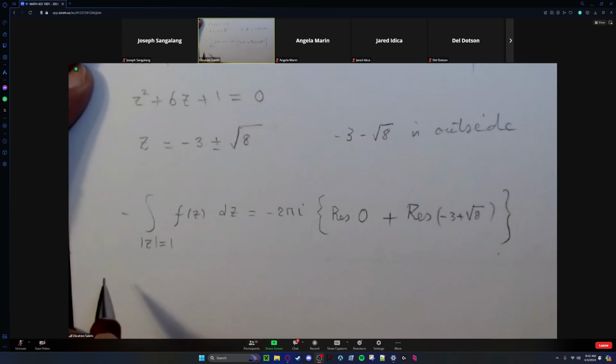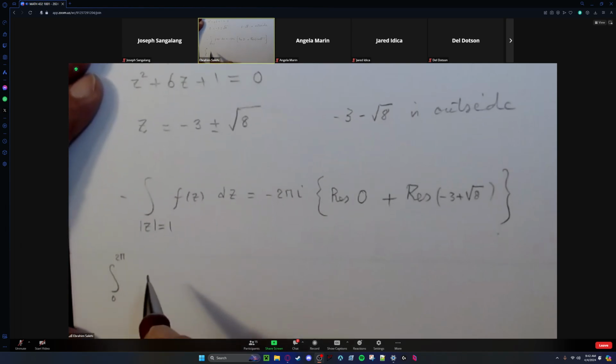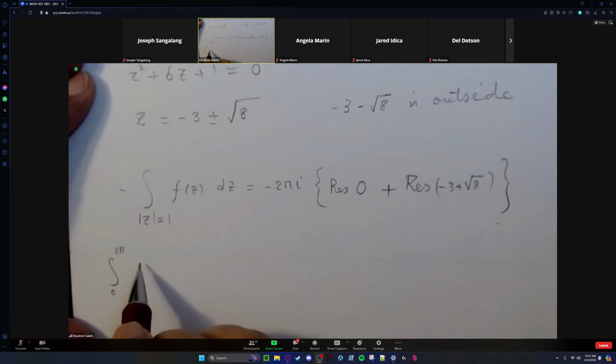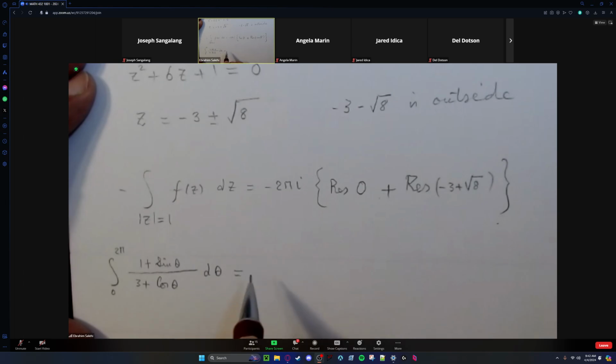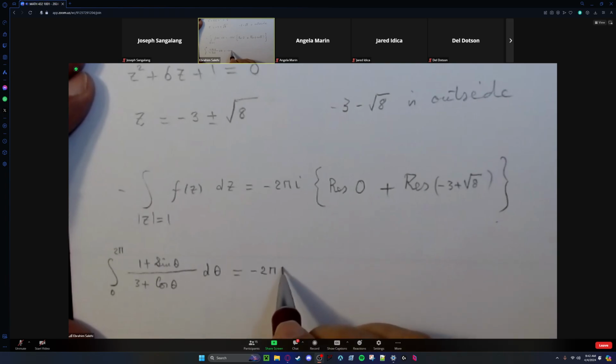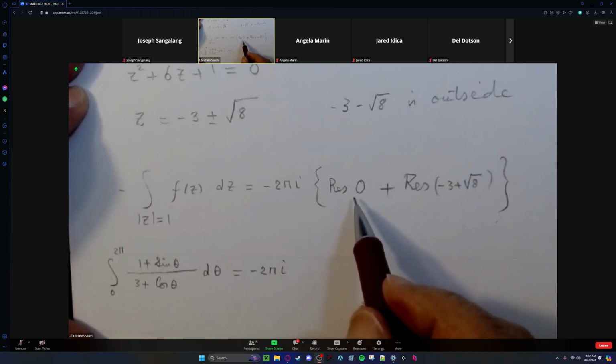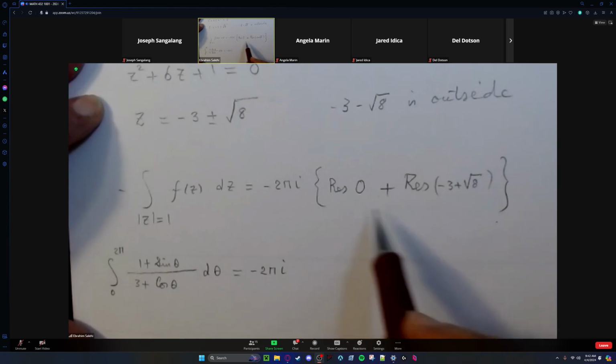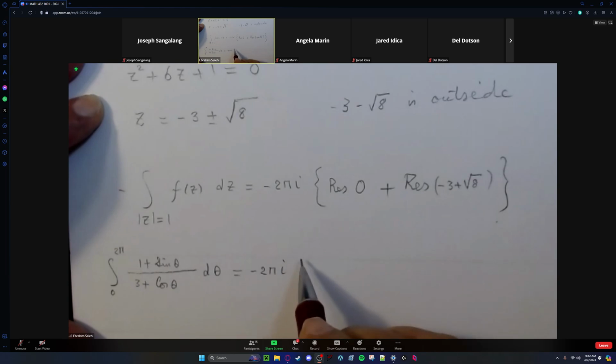So, as a result, the answer, which we started from, the integral from 0 to 2 pi of 1 plus sine theta divided by 3 plus cosine theta d theta, is negative 2 pi i times the sum of these two residues.